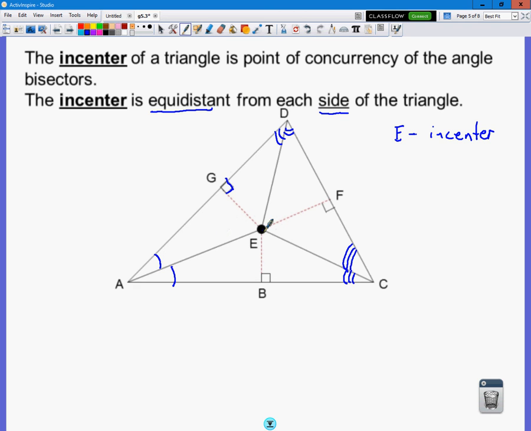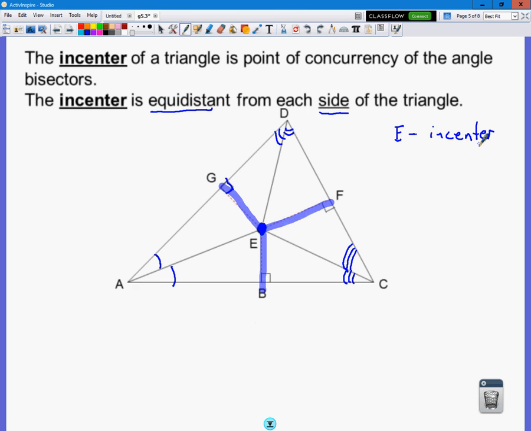No, look. This is the incenter. The distance from the incenter, from here to here, that's a distance. We're drawing that in as a dotted line. We're saying this distance and this distance are in fact what? They're all equal.